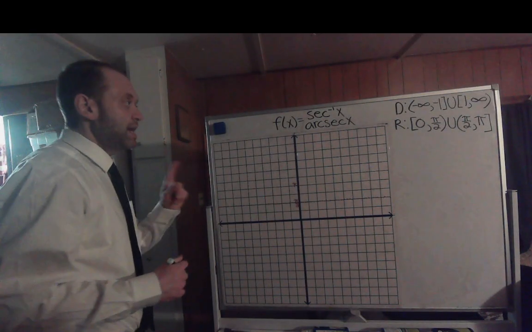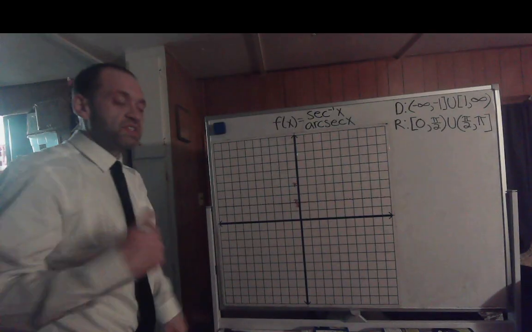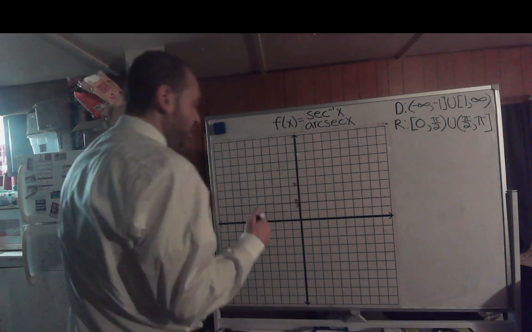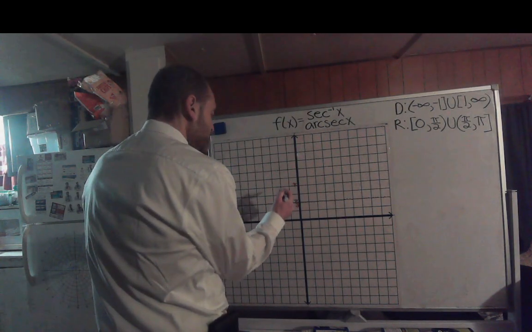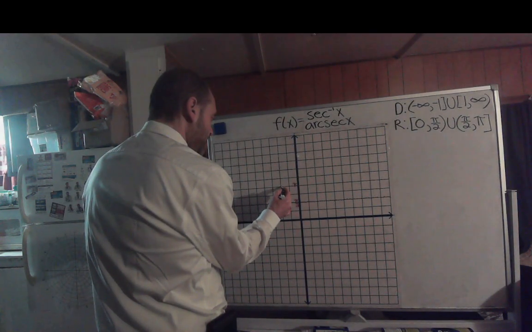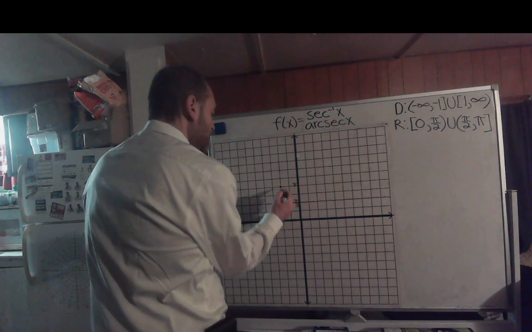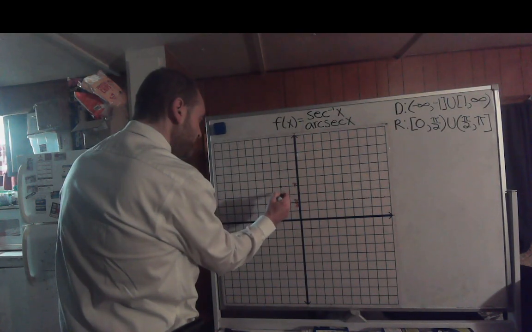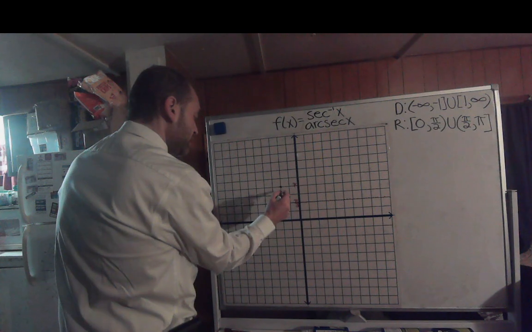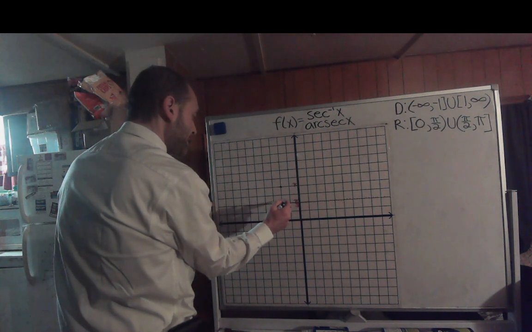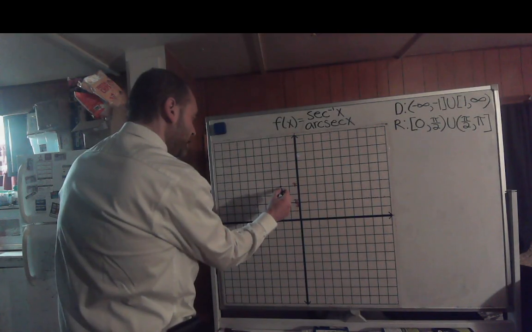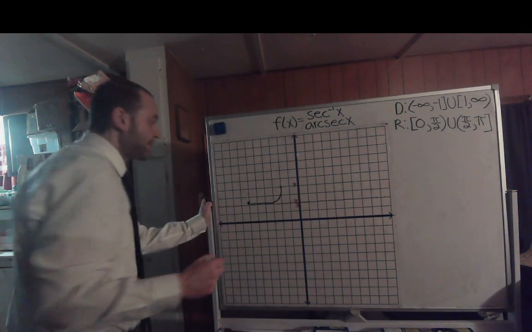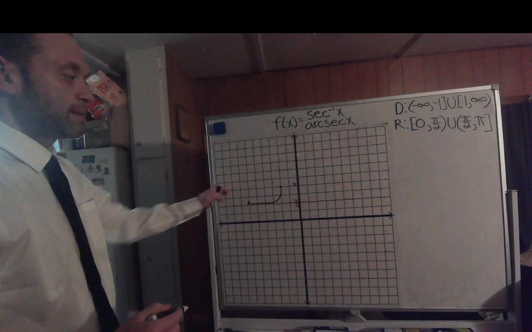If we put in x equals negative 1, the secant of what angle gives us negative 1? That's going to be pi, isn't it? So we'll be up at pi, and then if you go to negative infinity, it's going to get infinitely closer and closer to that y equals pi over 2, but it won't actually reach it.